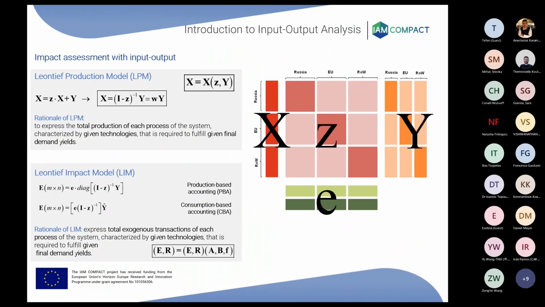And what are input-output models? Essentially, these models start from the empirical data that I have introduced in the previous slides, by defining the so-called technology matrix, the technical coefficients that characterize how each technology within each region demands inputs of products coming from other sectors and other regions in order to provide one unit of its output.